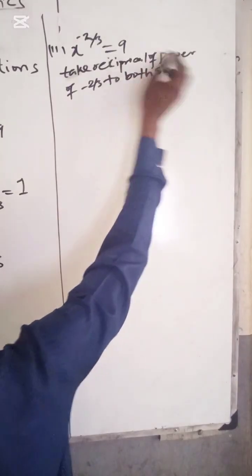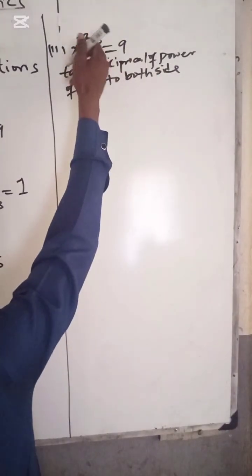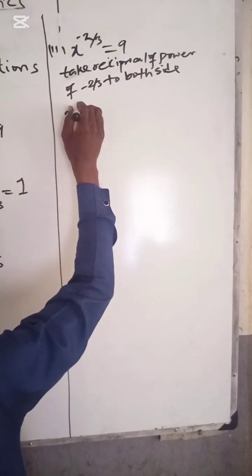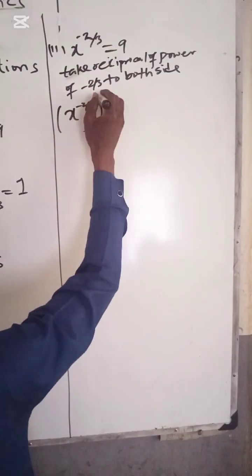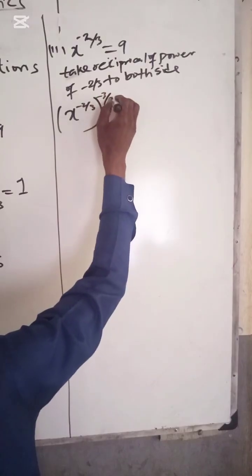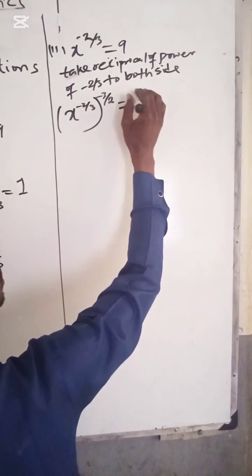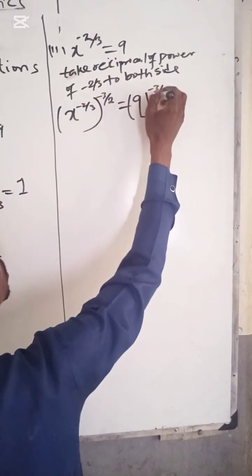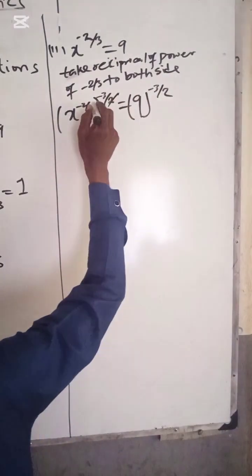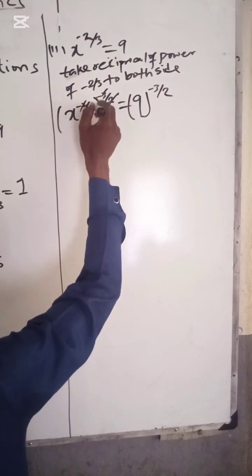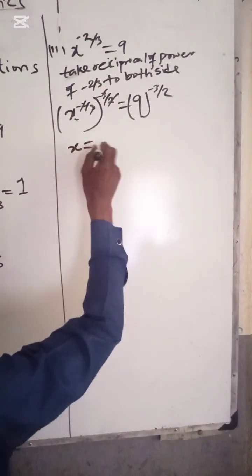That is, multiply both sides by the reciprocal of minus 2 over 3. That is x raised to power minus 2 over 3, now minus 3 over 2, is equal to 9 raised to minus 3 over 2. So this we cancel, this we can cancel, as minus is what? Plus. x equals to what?